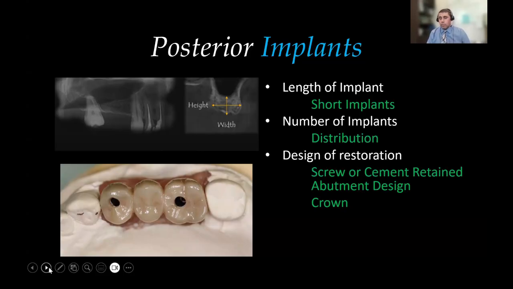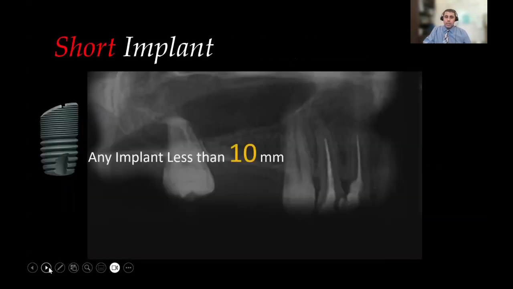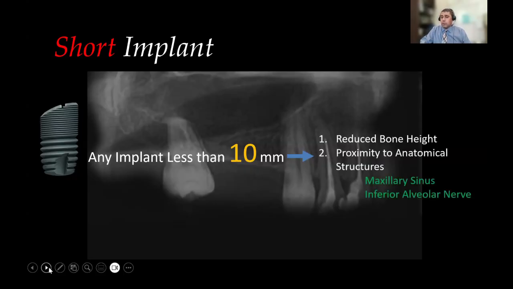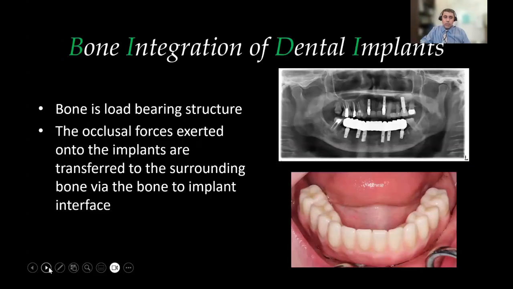Obviously, screw retained would be preferable because it gives you a true retrievability of the prosthesis so that you can manage complications down the road if it's needed. So definition of short implants, if that needs to be utilized in your treatment or rehabilitation, it's anything less than 10 millimeter. And that can be used in cases where we have reduced bone height, proximity to vital structures, particularly inferior alveolar nerve and the maxillary sinus, as we just discussed.